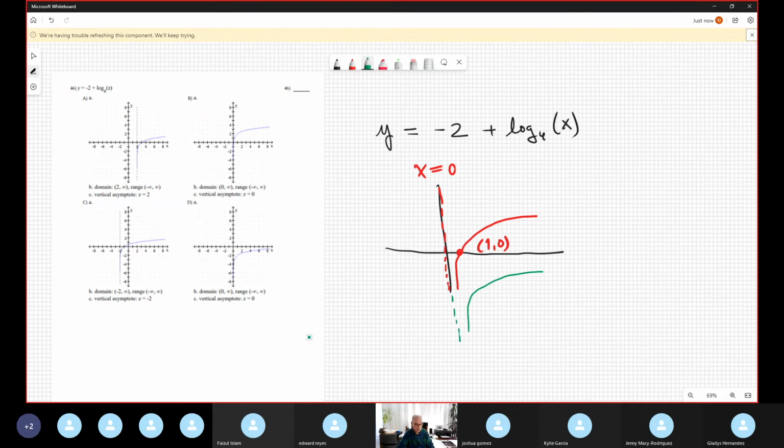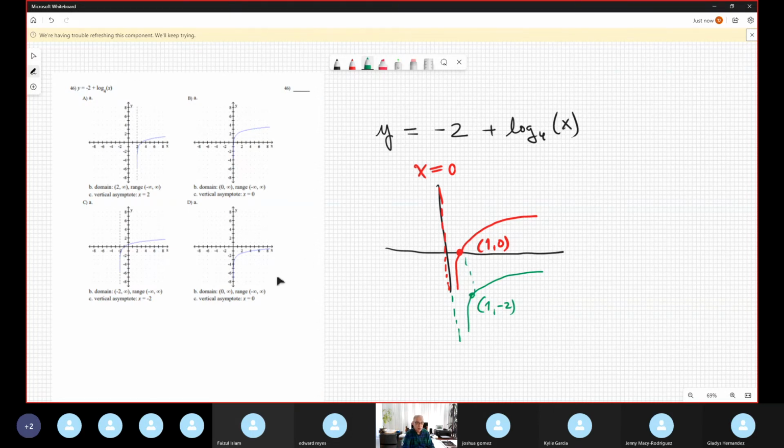So this famous point, that is the point 1, 0, now would be the point 1 comma negative 2, no? Because 0 minus 2 is negative 2. So in my opinion, it is the option D.